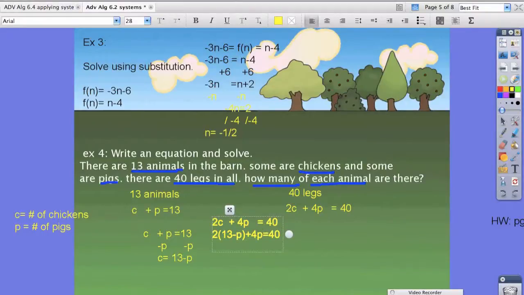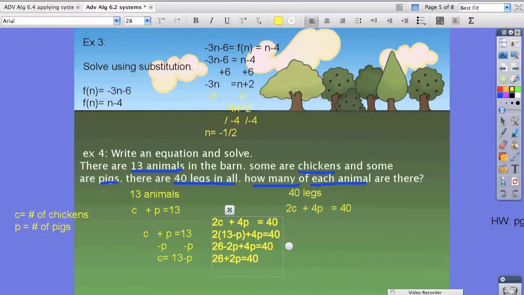We're going to distribute that too. So now we have 26 minus 2p plus 4p equals 40. We're going to combine like terms. So 26 plus 2p equals 40, because negative 2p plus 4p is 2p.